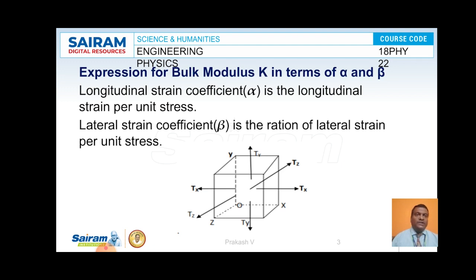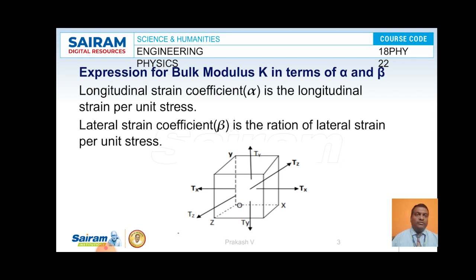Now let us consider a material in the form of a cube as shown in the picture. Here OX, OY and OZ have equal dimensions, and the volume of this box is considered as 1 in the beginning.